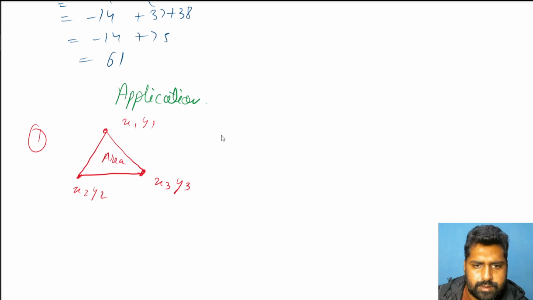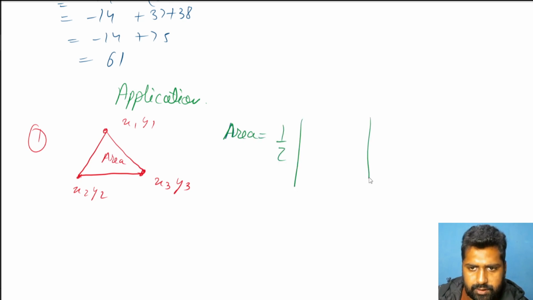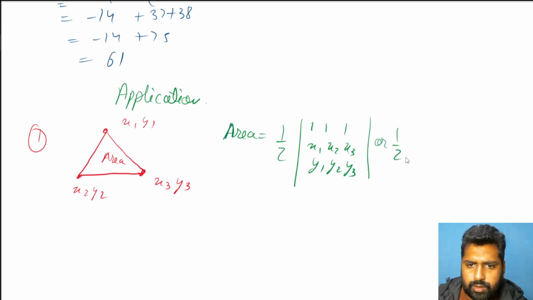How can you get this? The area is equal to 1 by 2 times the determinant of, you can write, 1 1 1, x1 x2 x3, y1 y2 y3. You can write it row wise also, column wise also, your call.